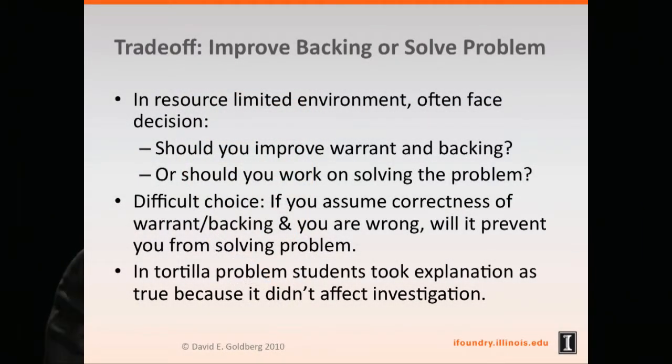Now, one of the things that's very interesting, going back to the economic framework that we introduced earlier, is that in resource-limited environments, we often face a decision whether we should improve the warrant or the backing or work on just solving the problem. And it's a difficult choice.